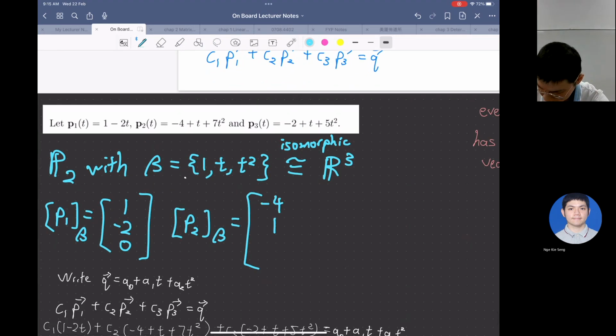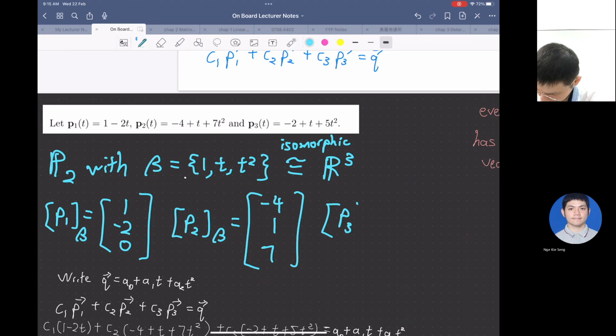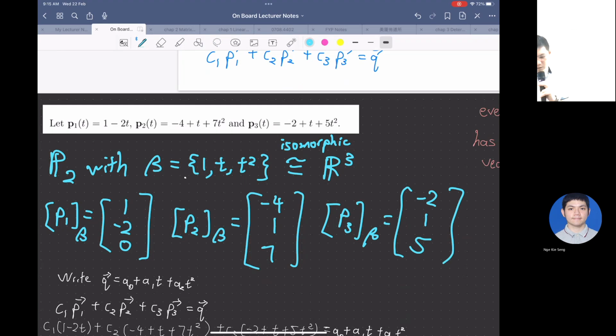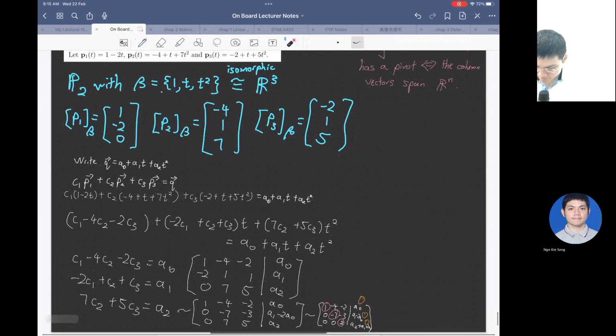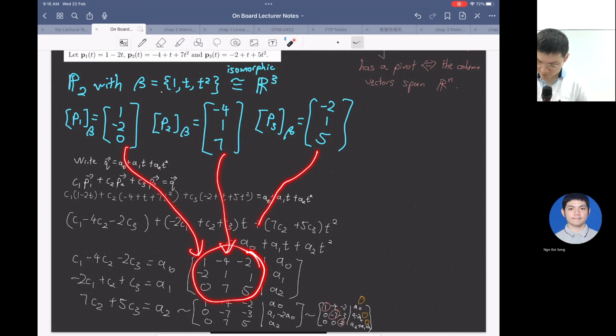-4, 1, and 7. What's the coordinate vector for P3? -2, 1, and 5. Okay. So you can see that the matrix here is actually the coordinate vector for your polynomial with respect to this basis here.